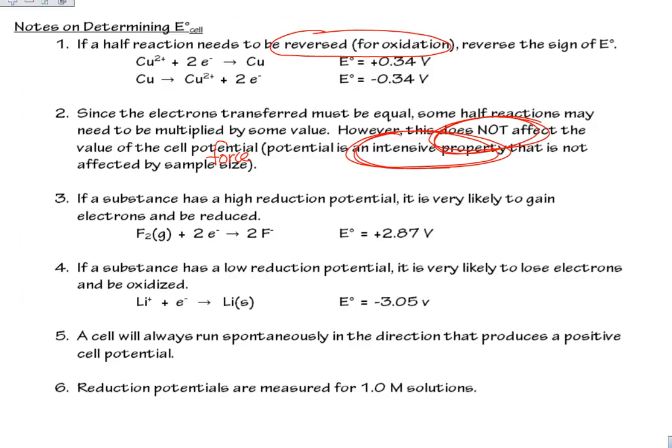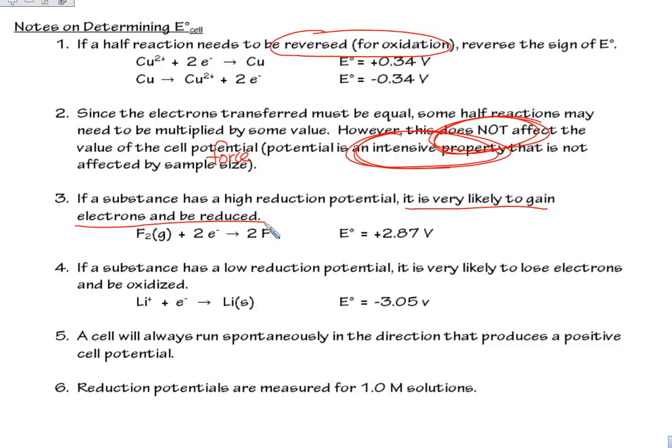Yeah. Fluorine is a small atom with the highest electronegativity on the whole periodic table. Does fluorine want electrons? Big time, yes. The -1 fluorine ion is very stable. It's got a full outer shell, and it's very likely that it's going to gain that electron to fill its outer shell. So the more positive the cell potential, the more likely it is that that substance wants to be reduced. Now it's likely to gain electrons and be reduced.